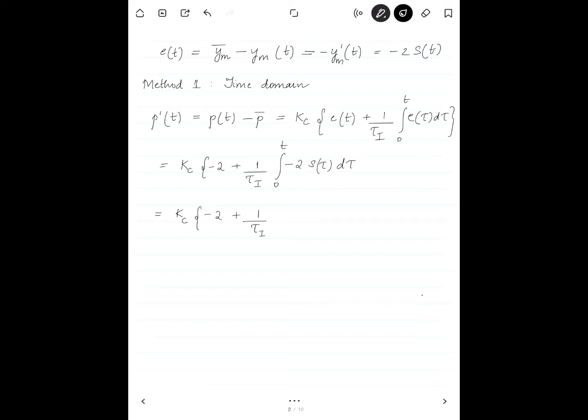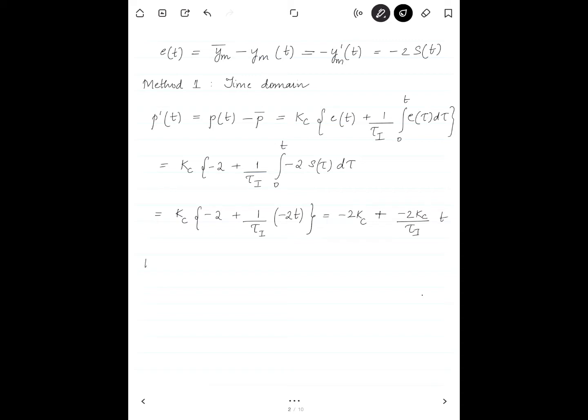But in essence, you are performing integration over minus 2. And the definite integral of minus 2 is going to be minus 2t. And we can further simplify it a little more, and we get the final expression for p deviation equals minus 2 Kc plus minus 2 times Kc over tau I times t.